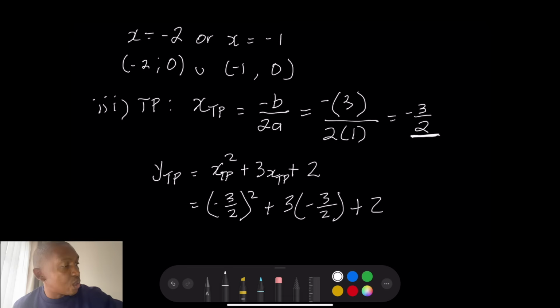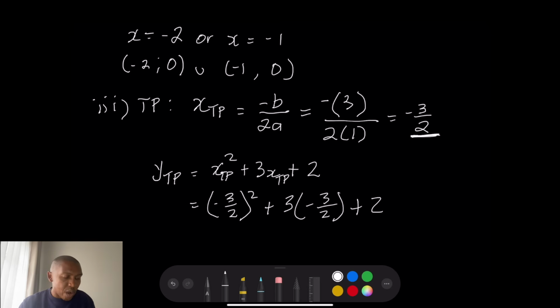Okay, I'm just going to get my calculator quickly. All right, and we try and obtain that. So we've got negative 3 over 2, almost left out that part. So negative 3 over 2 squared, plus 3 into negative 3 over 2, and the last one plus 2.